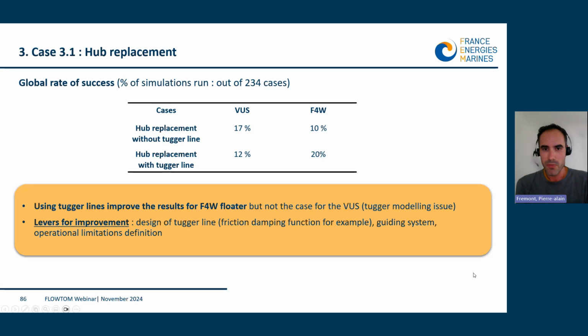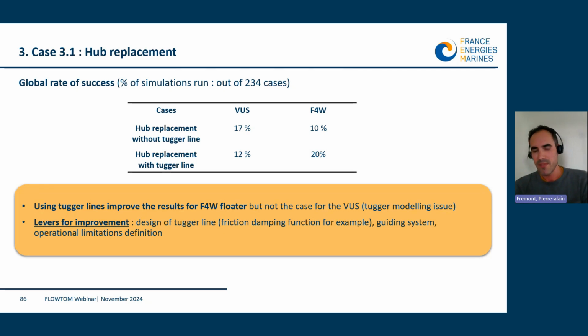So for this case, what we can conclude as levels of improvement is that the way we model it is probably not sufficient for this kind of package, this kind of maintenance operation. We will need to model a more complex tugger line system, and also to include some kind of stoppers and guides in the operations.